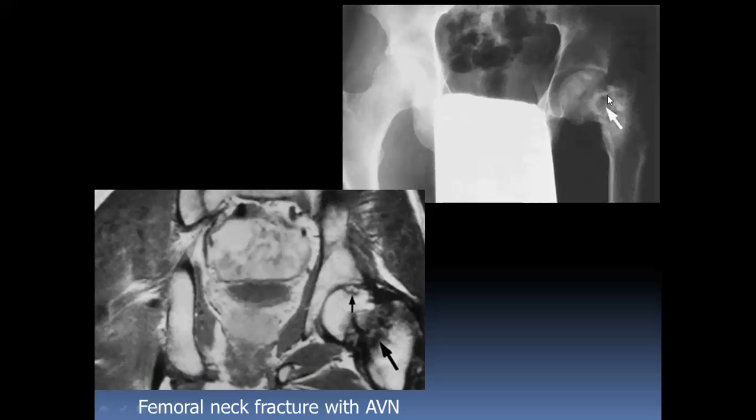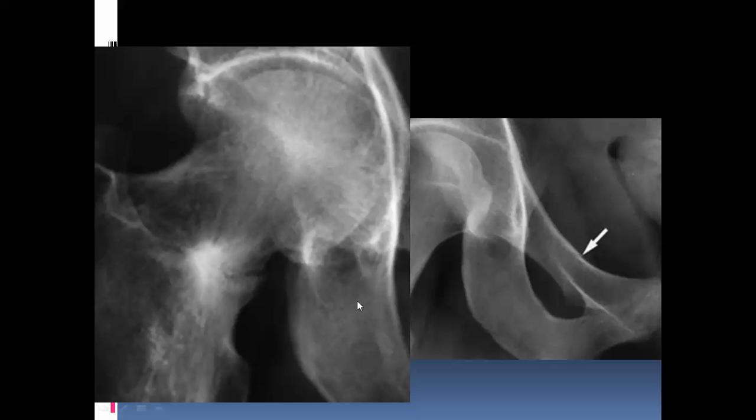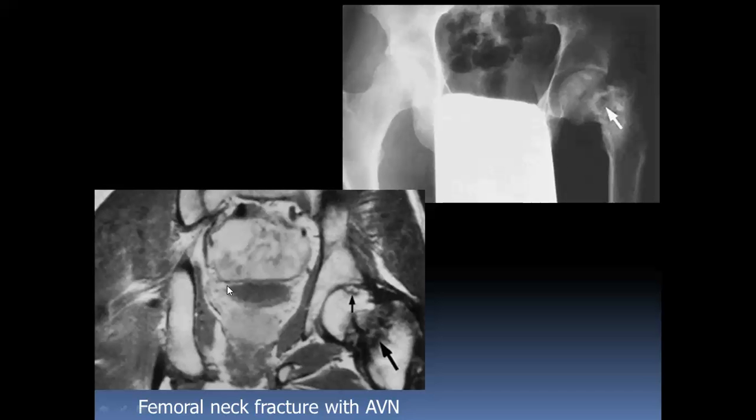Here it is a fractured neck, and here are the heterogeneous density, minimal sclerosis starting, then the apparent separation, but the true separation is not yet. Still there is continuation here, so there is an attempt of separation. This is avascular necrosis.